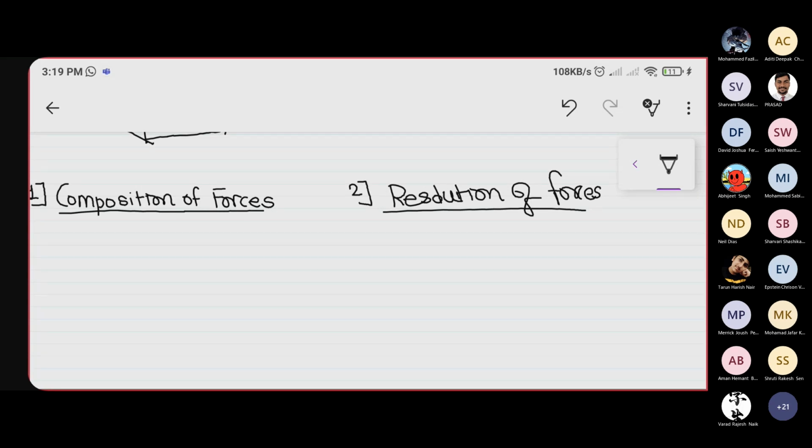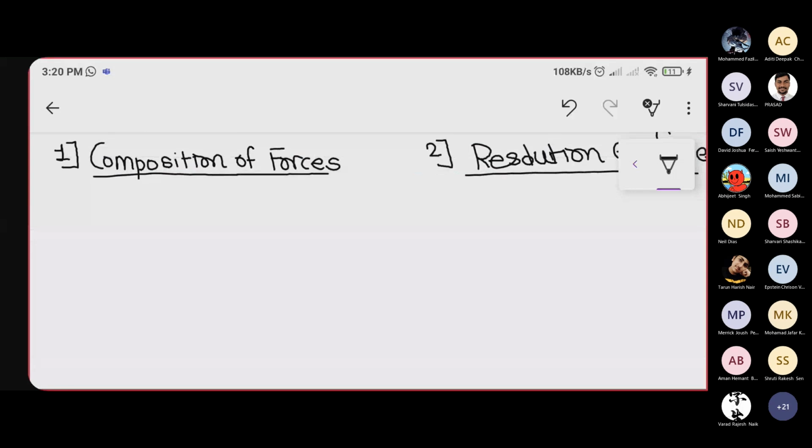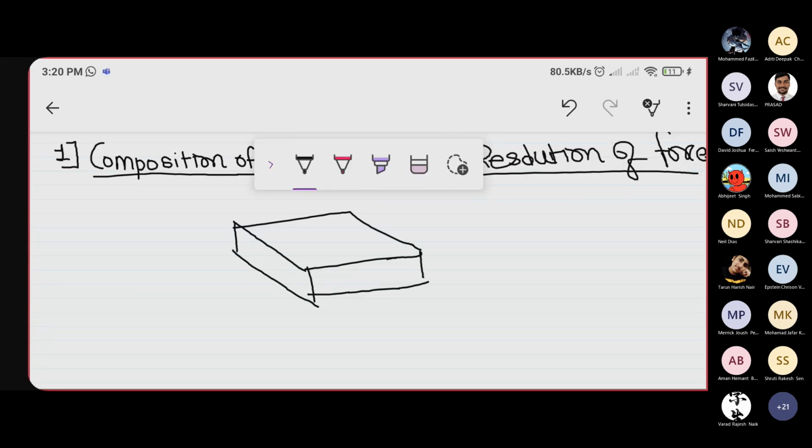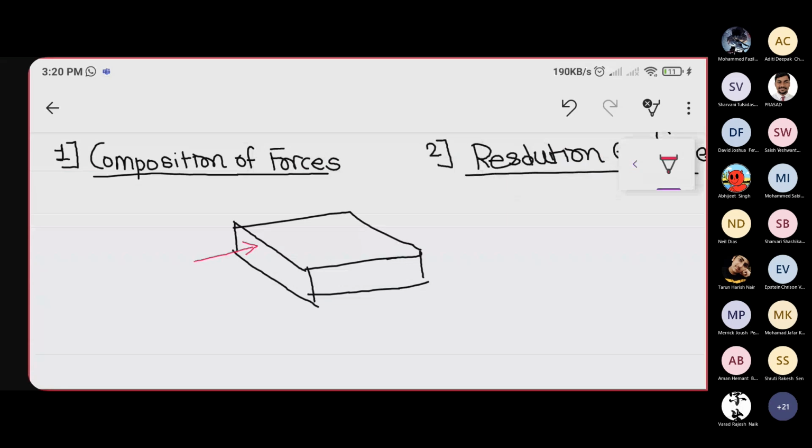Now, what is meant by composition of forces? In composition of forces, forces may be combined to obtain a single force which produces the same effect as the original system of forces. Like I told you earlier, one book is there and we need to move it. A number of forces are acting on this book, and all four forces act so that the book moves from left to right.